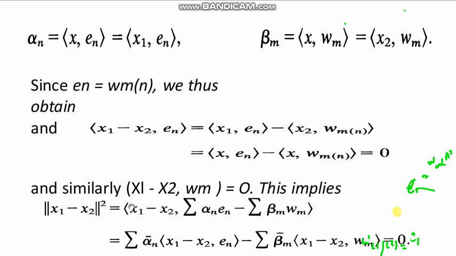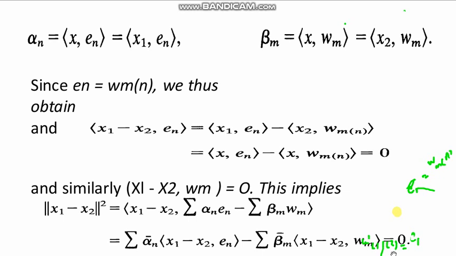So by definition of inner product, this is equal to summation alpha_n with conjugate inner product of x1 minus x2 with E_n, and again here minus summation beta_m with conjugate inner product of x1 minus x2 with W_m, and this whole result is equal to 0.